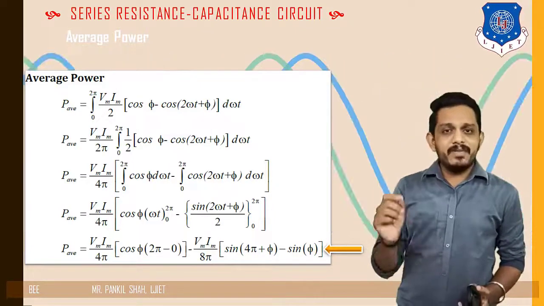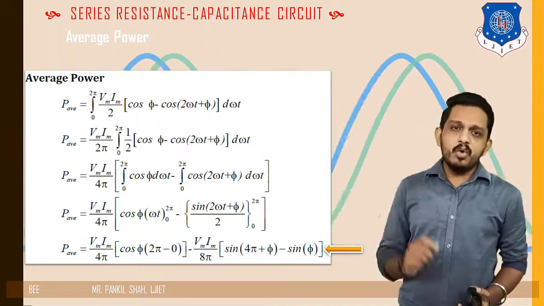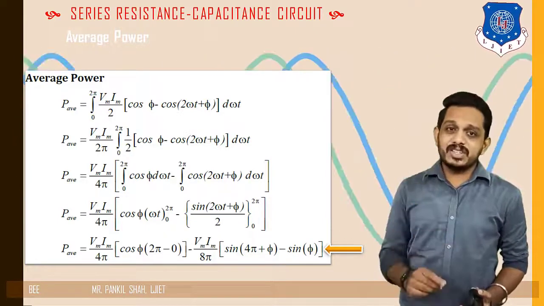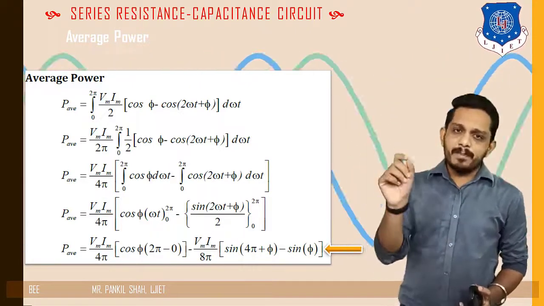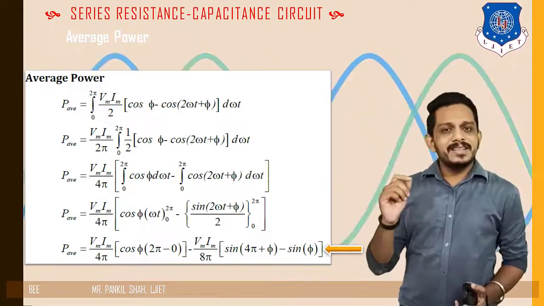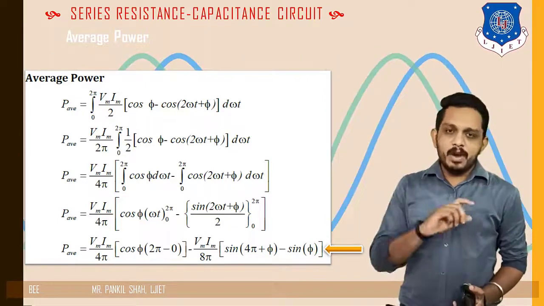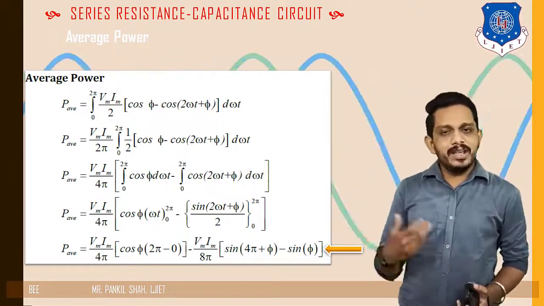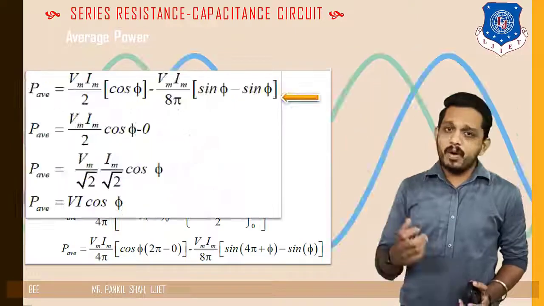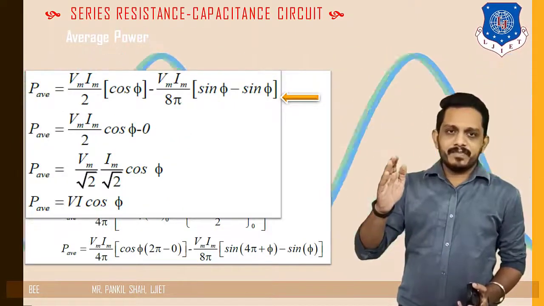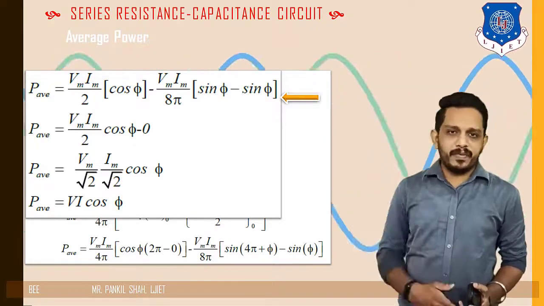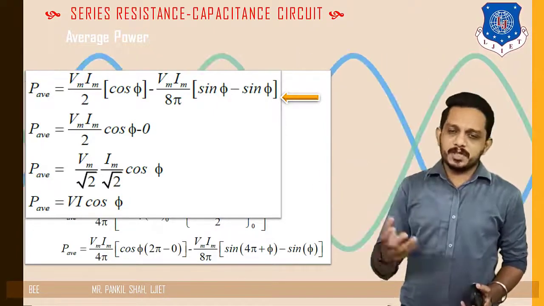In bracket there will be sine 2 omega t plus phi. Instead of omega t we have to put 2 pi, so it will be sine 4 pi plus phi, and minus sine phi only, because instead of omega t we are putting 0 in the next term. Now the first bracket will be as it is, that is Vm Im by 2 into cos phi, because 4 pi and 2 pi have been cancelled out.